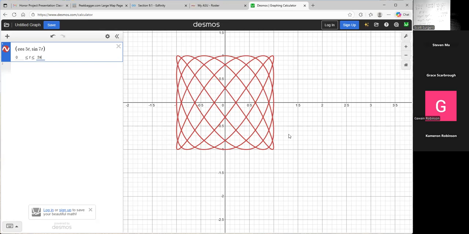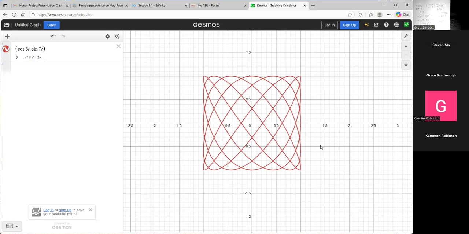You see that? Isn't that neat? These are called Lissajous. Lissajous. They're really cool shapes. So you can have a lot of fun goofing around with this stuff.